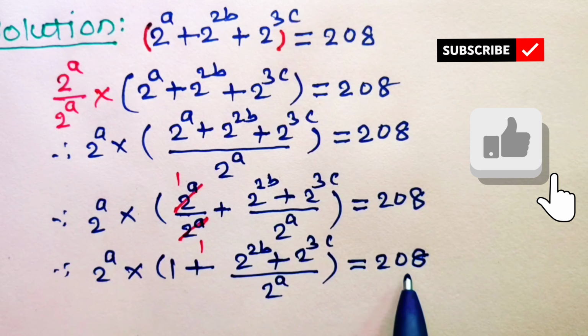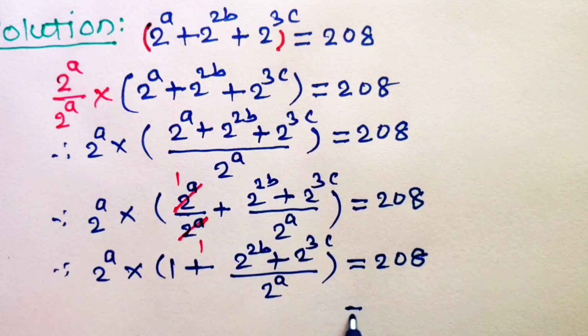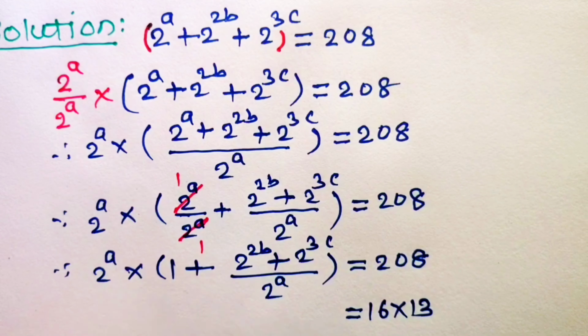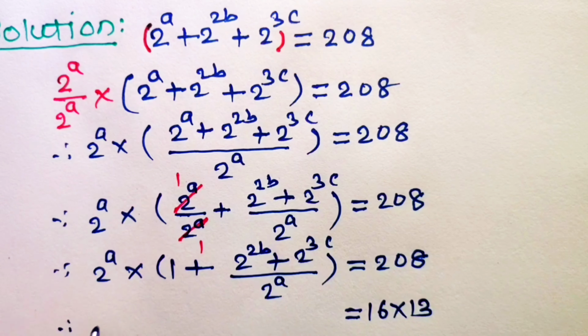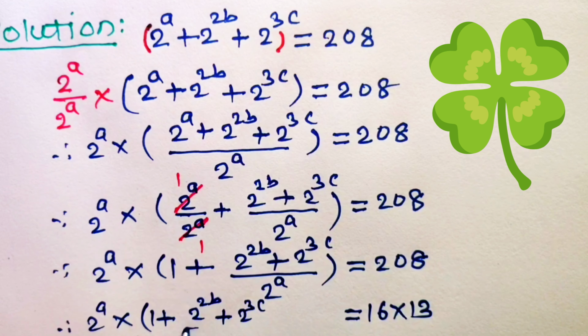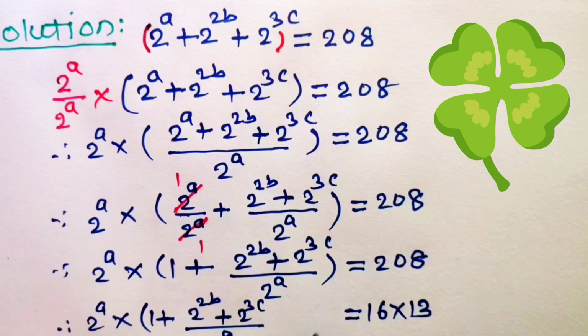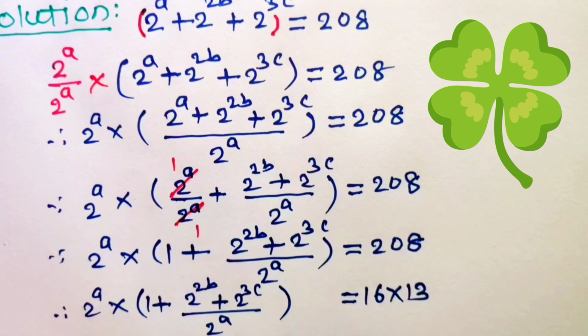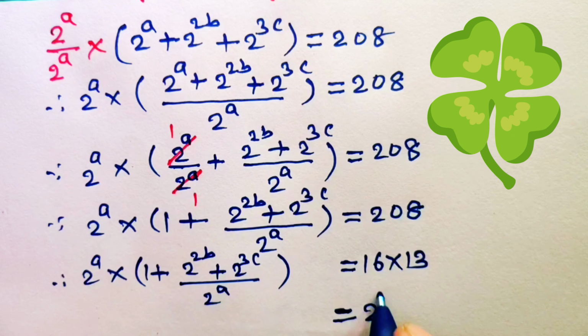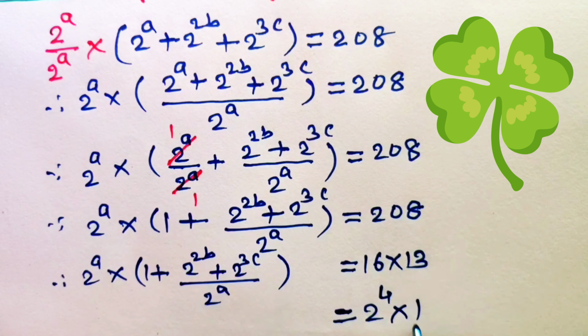Now splitting 208, this can be written as 16 into 13, which is nothing but on the left hand side 2 to the power a into bracket 1 plus 2 to the power 2b plus 2 to the power 3c divided by 2 to the power a bracket close. Now the right hand side becomes 16, which is 2 to the power 4 into 13.